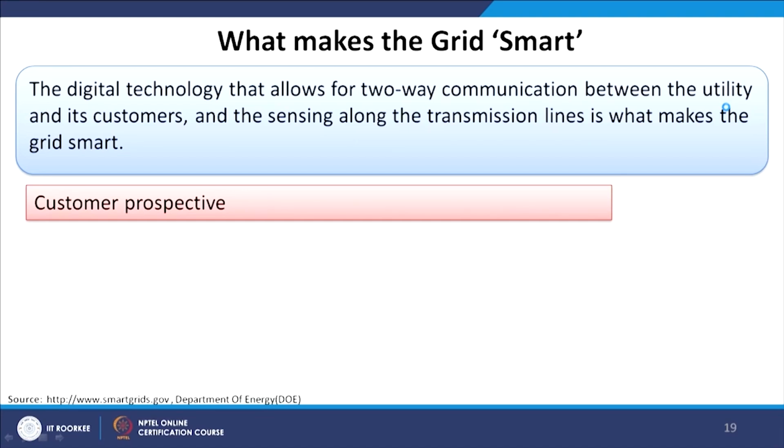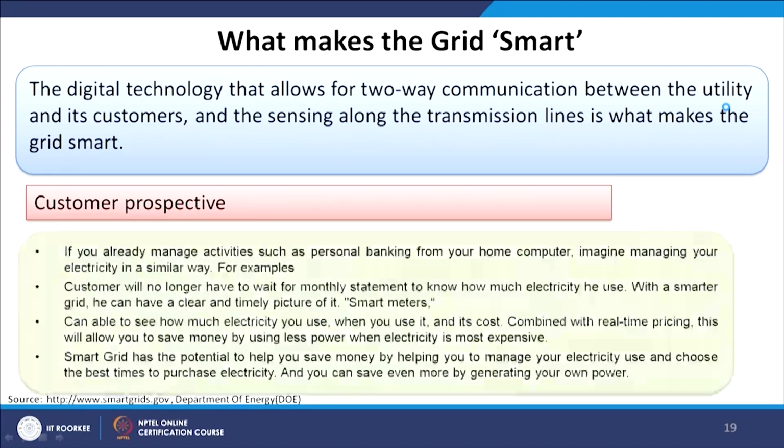According to the customer perspective, if you already manage activities such as personal banking from your home computer, imagine managing your electricity in a similar way. For example, customers will no longer have to wait for a monthly statement to know how much electricity he or she used.